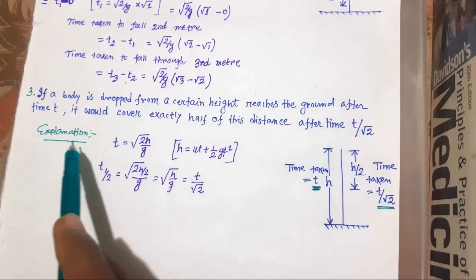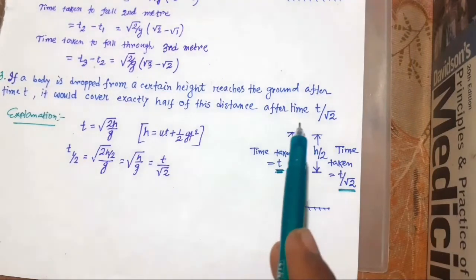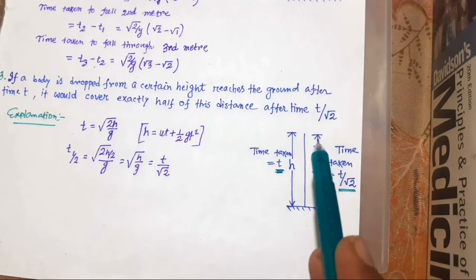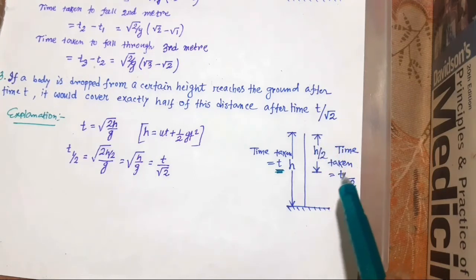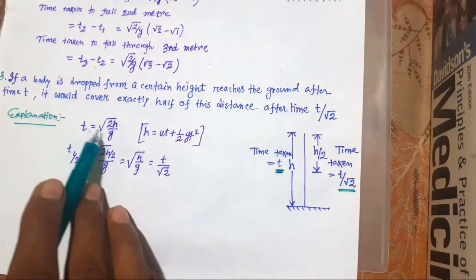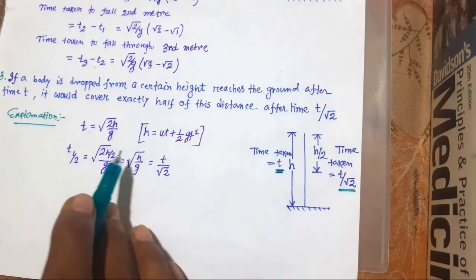So now the explanation. This is the height h. The total time taken to fall through this height is t, but to cover half of the distance, the time taken is t by root 2, which is greater than t by 2.